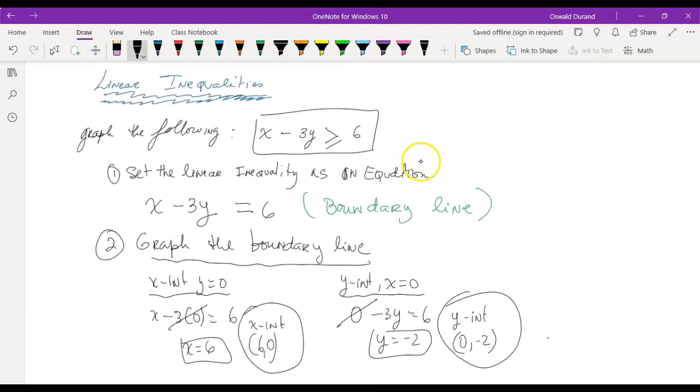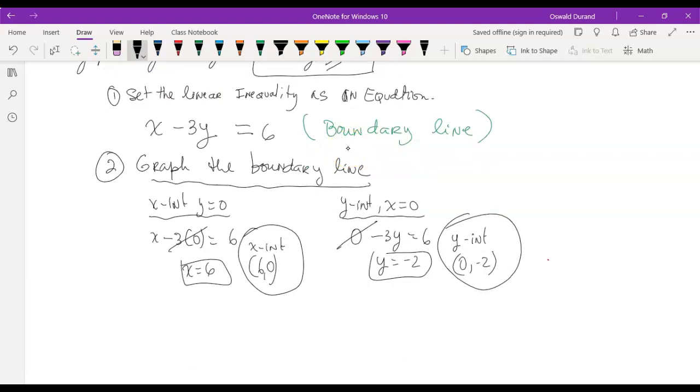Now, the boundary line, or the way it's going to look in your graph, depends on the inequality sign. So the third step is the boundary line: dashed or solid. And you're asking yourself, what is the difference between the two?